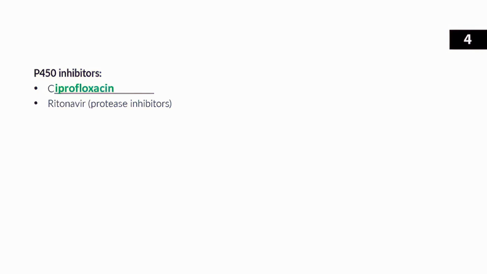R is for ritonavir, which is a protease inhibitor. This is the class effect of the protease inhibitors that are actually designed to inhibit cytochrome P450. A is for amiodarone. The second C is for cimetidine. K is for ketoconazole. And then A in amigos is for acute alcohol use.